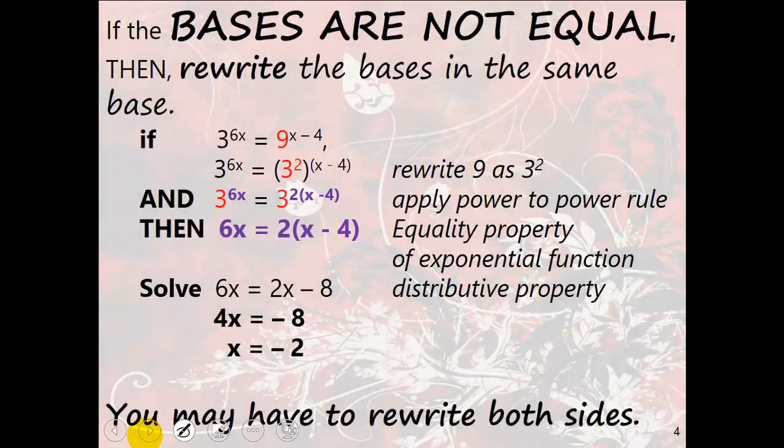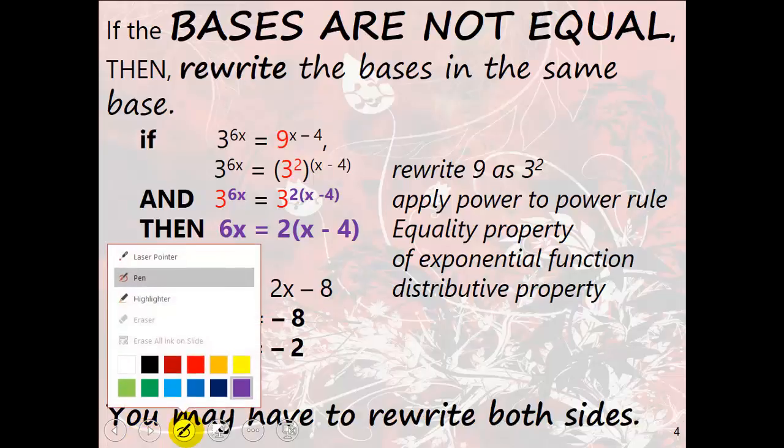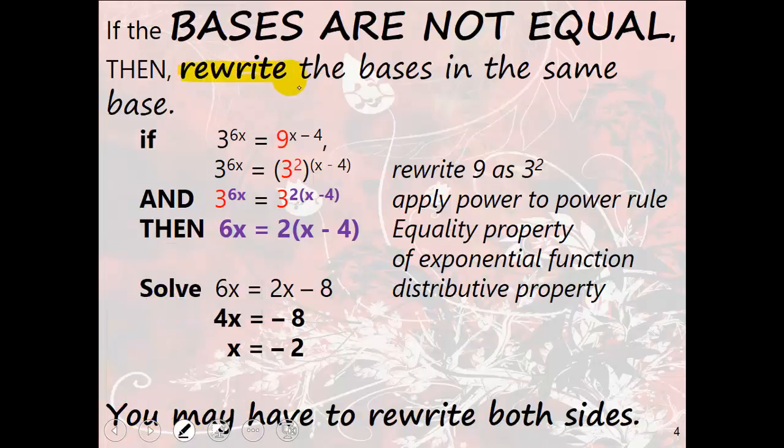Okay. If the bases are not equal, as I've alluded to before, we're going to rewrite those bases to be the same. Sometimes you get away with just rewriting one, the larger one. Sometimes you have to rewrite them both in a smaller base.